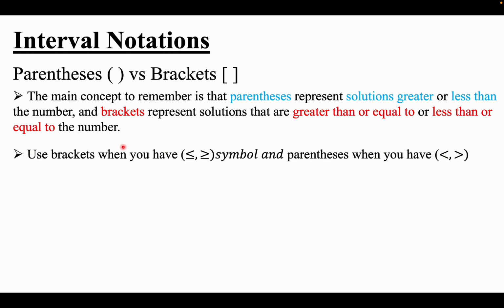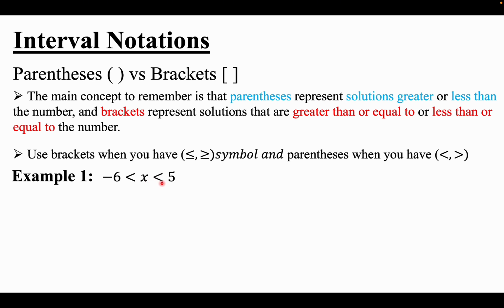So we're going to use a bracket whenever you have this symbol right here. It's either less than or equal to or greater than or equal to. And then parentheses would be used when you have symbols that are less than or greater than the number. Here's an example. This one says that the solution, or the x values that we're interested in, is less than 5 and bigger than negative 5.